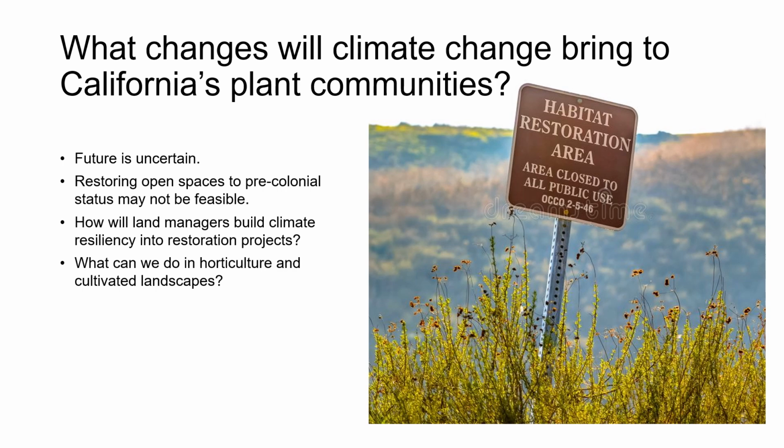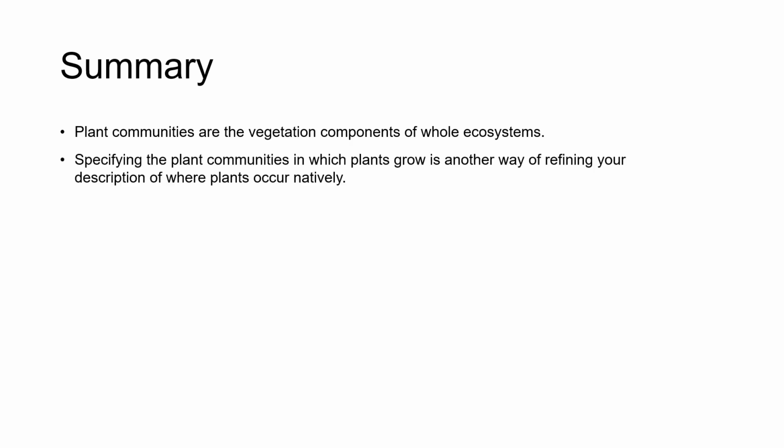So let's finish this video lecture now with a quick summary. Think of plant communities as the vegetation components of whole ecosystems. Specifying the plant communities in which plants grow is another way of refining your description of where plants occur natively.